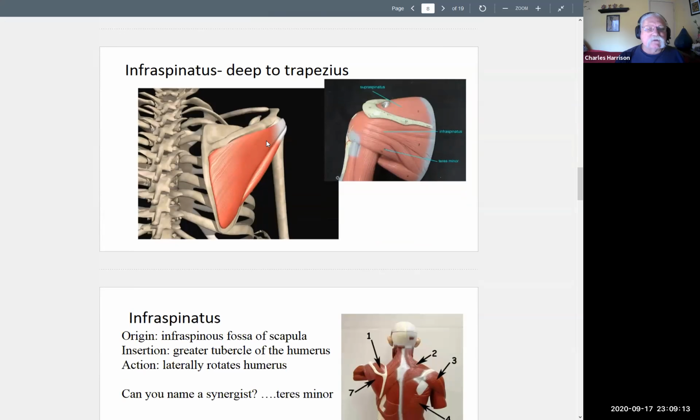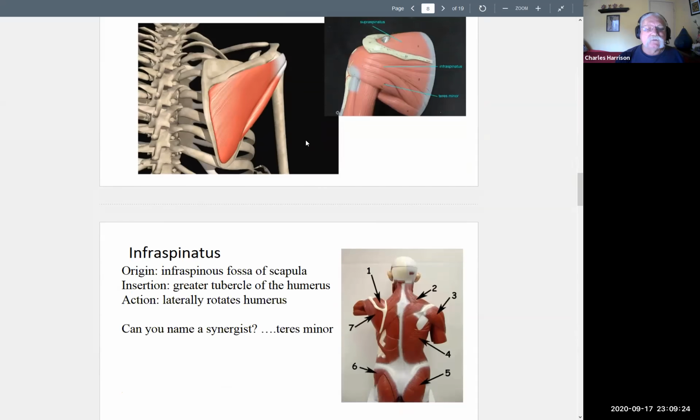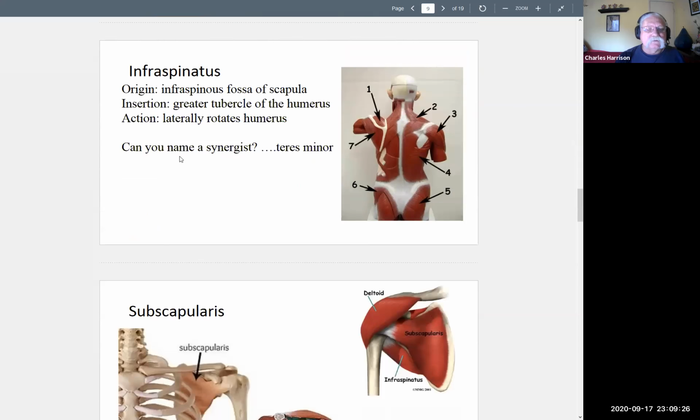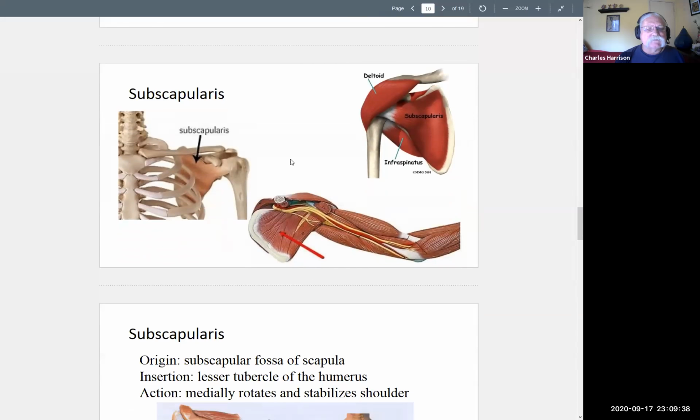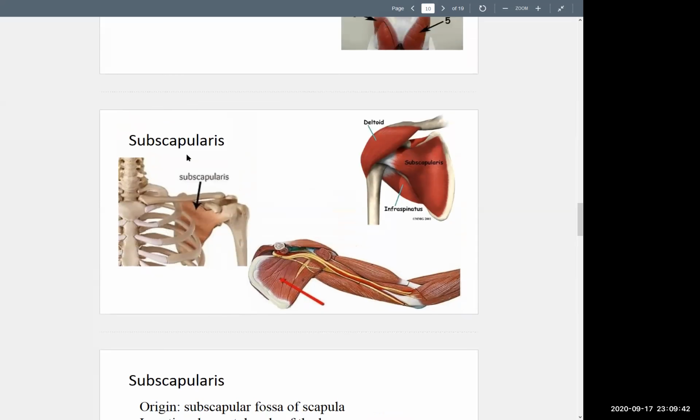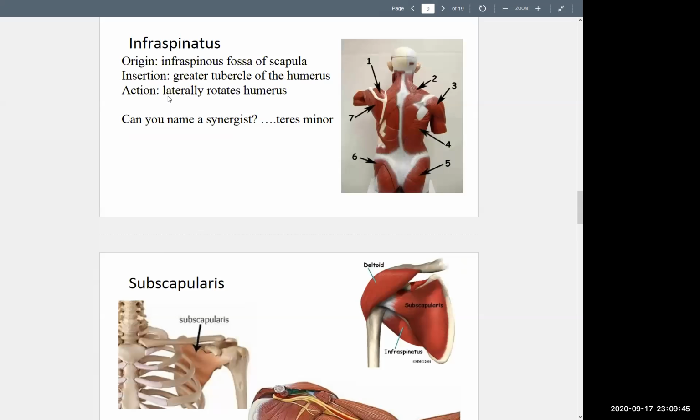The infraspinatus, nice picture. Okay. And on the other side, the infraspinatus. Functions. Don't worry about these. Can you name a synergist yet? The subscapularis. Was it number 7 on that picture? Yes, it's number 7.